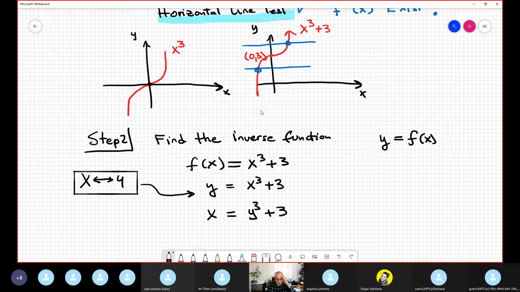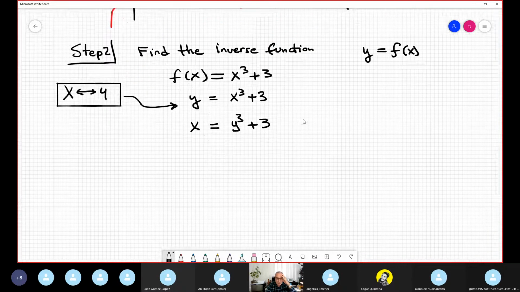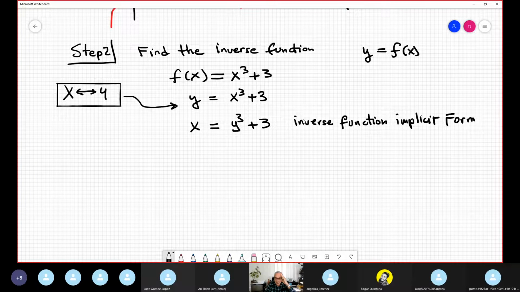In this moment, this is the inverse function, but unfortunately expressed in implicit form. Implicit, remember, is when the y is not isolated.